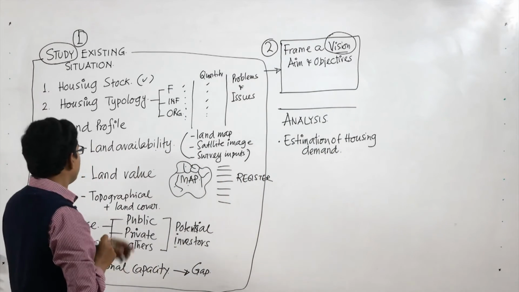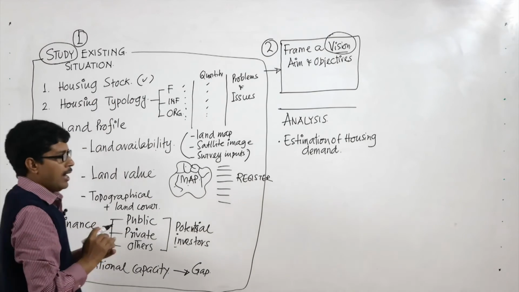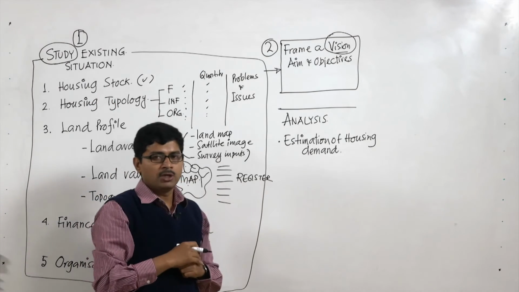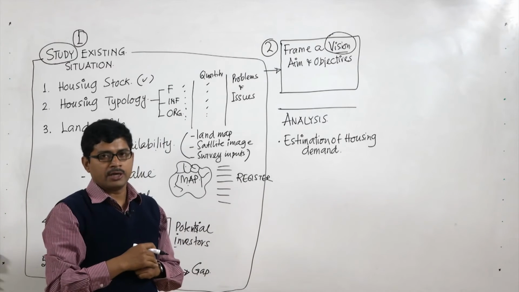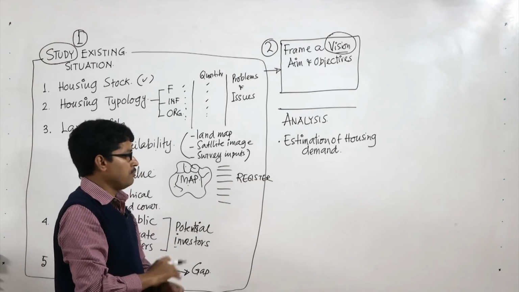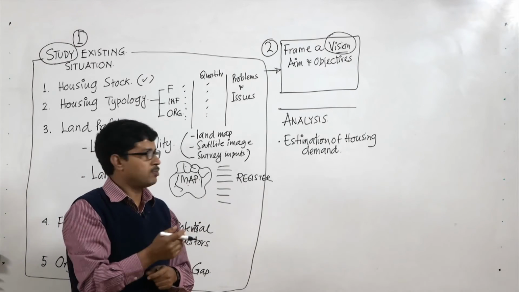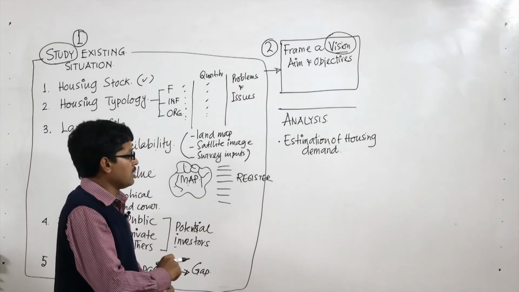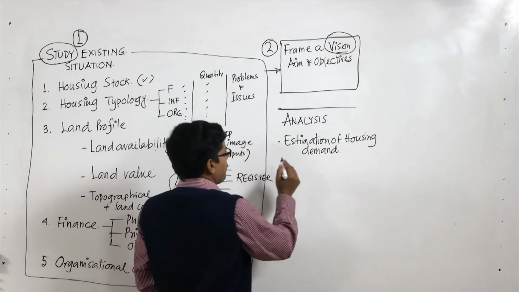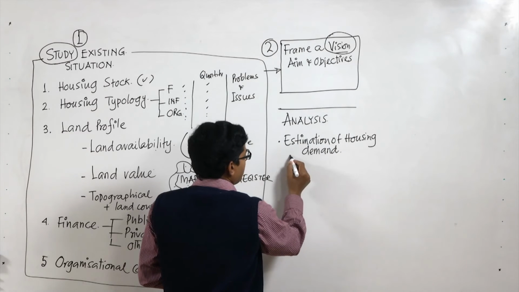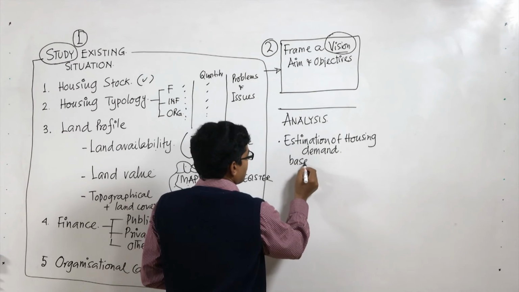Based on the total housing stock and the future projected population, we can establish the gap of the housing stock for the present population and for the future population, and that will be the housing demand. This will be based on the projection.